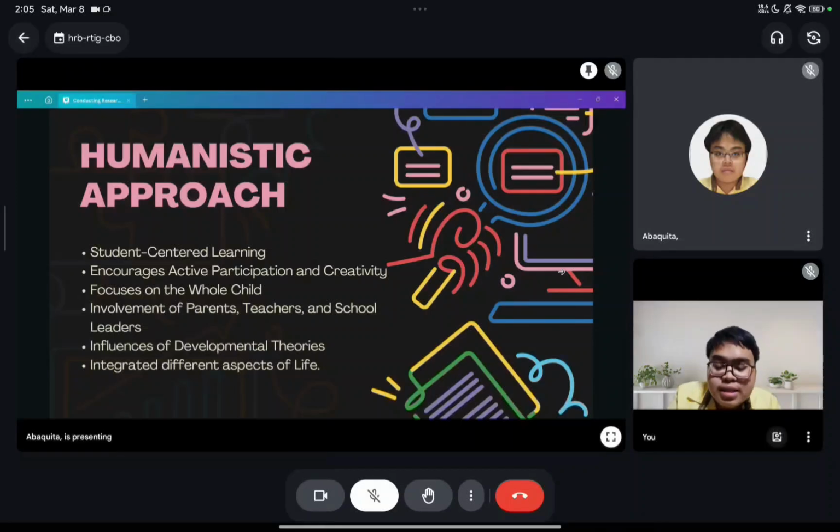And these are the features of a humanistic approach, as you can see in the presentation. So, first is the student-centered learning. Unlike the traditional education, which focuses mainly on academic performance, the humanistic approach prioritizes the students' personal experiences and interests.